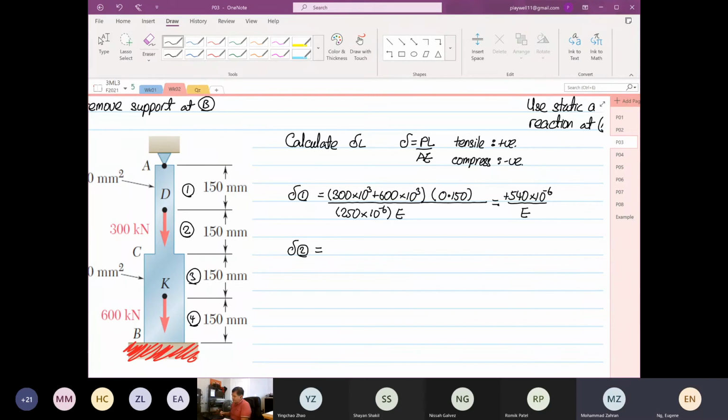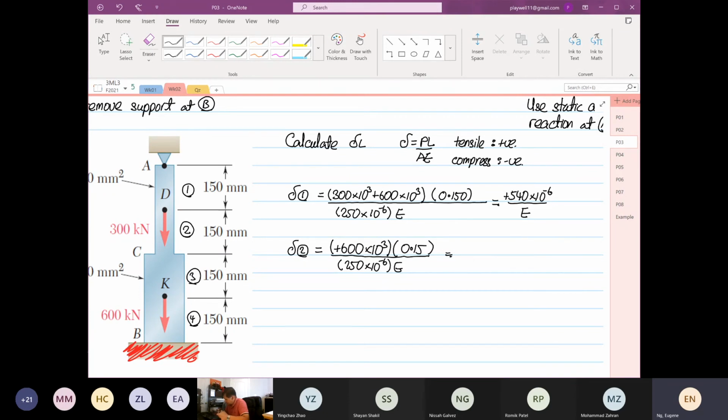So deflection at point 2 is not going to feel the 300. It's only going to feel the 600 in tension. So this is equal to the length, still 0.15, right? I think this part you all are very familiar how to do it now. Okay, E. So 600 times 10 to the power 3 times 0.15 divided by 250 times 10 to the power minus 6.